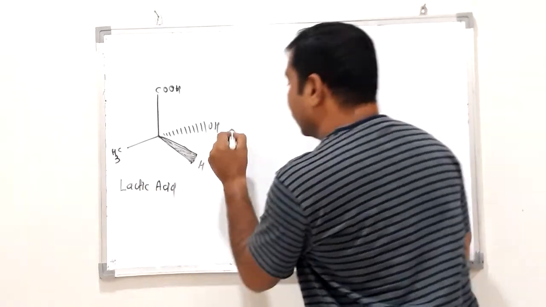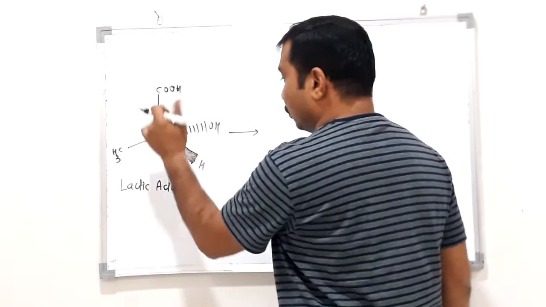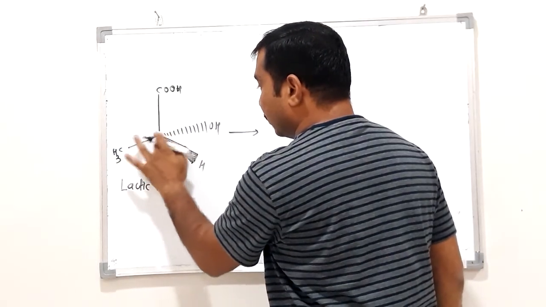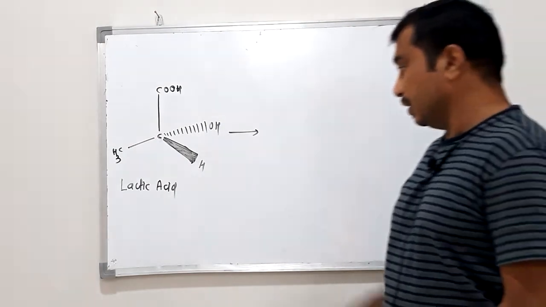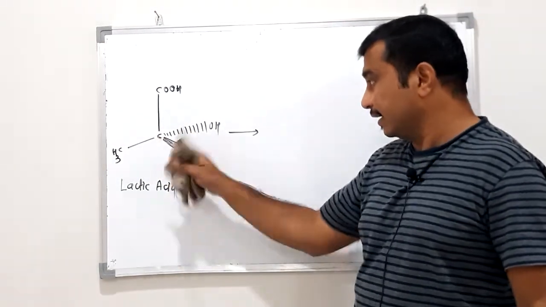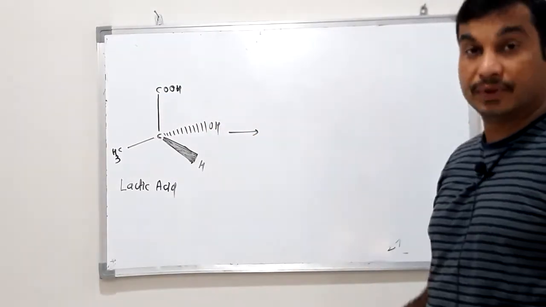Lactic acid. Now we want to convert this lactic acid. Not Fischer, this is the wedge formula of lactic acid. Now we want to convert this wedge formula into a Fischer projection.